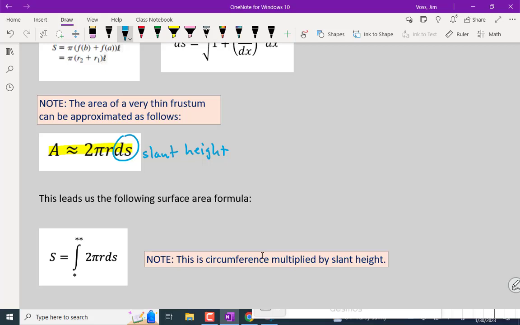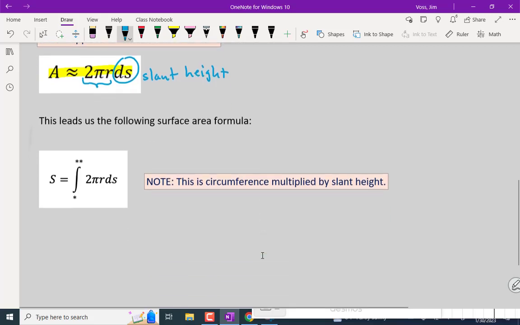And what is 2 pi r? Circumference of a circle. So here's conceptually what we're thinking. If we've got a surface of revolution, if we can find the circumference and then multiply by ds, that gives us a little thin frustum. And when we take the limit, we get the definite integral.